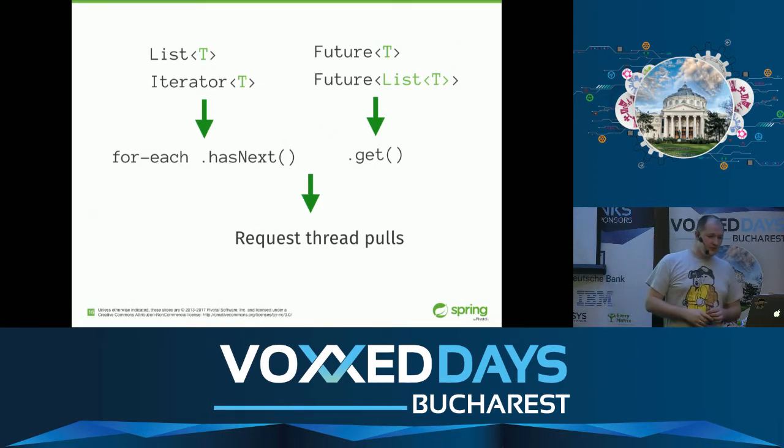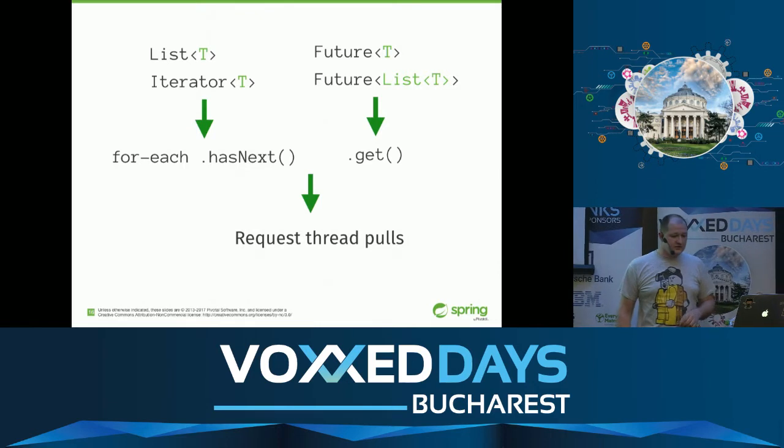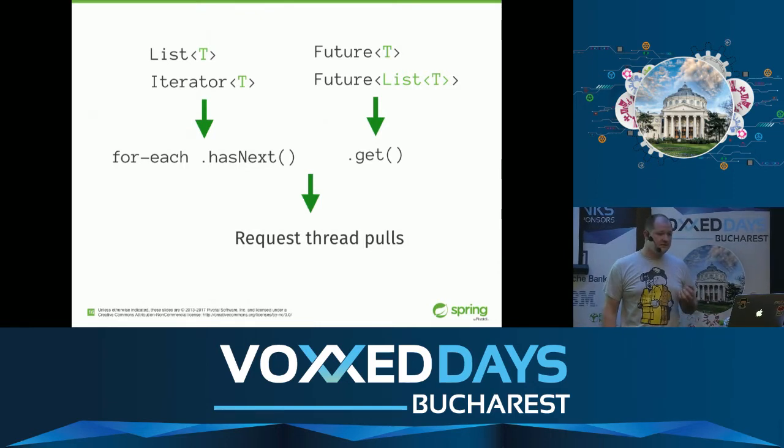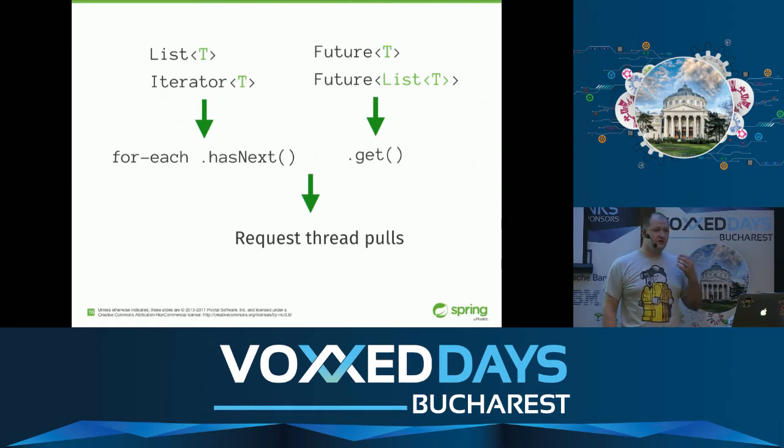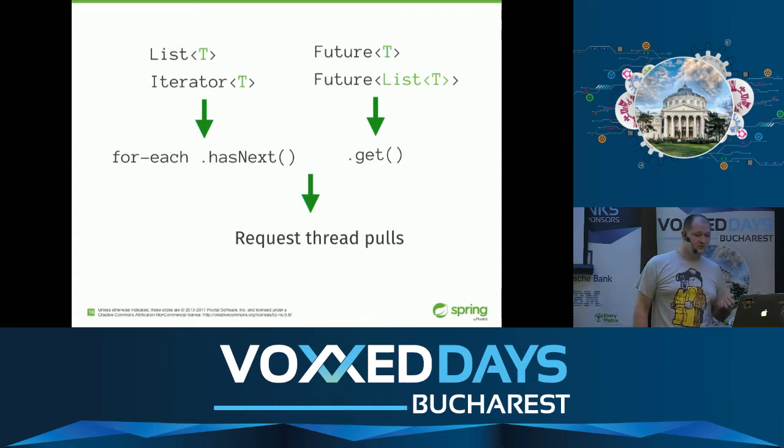So we in Spring use Reactive Streams as our base specification. And for all of you who know RxJava, there is also RxJava in version 2, which is also based on the Reactive Streams specification. And Reactive Streams is going to happen in Java 9 with the Flow API. So that's a common standard across all these reactive frameworks.